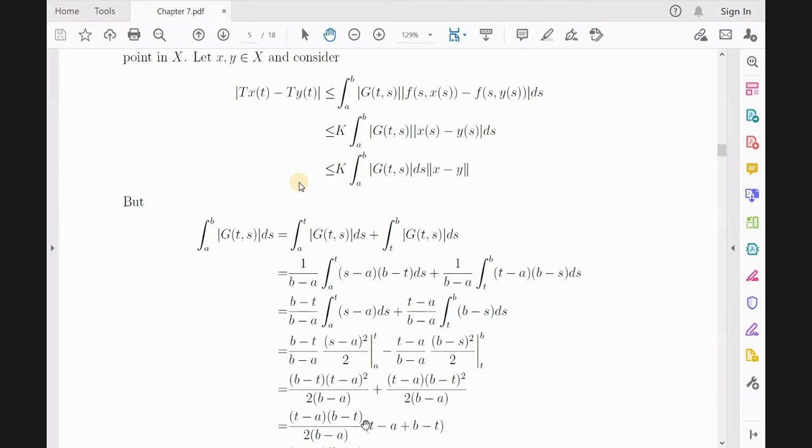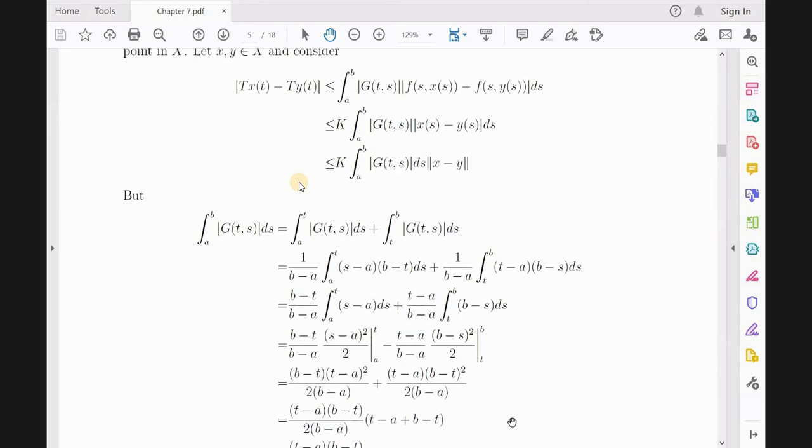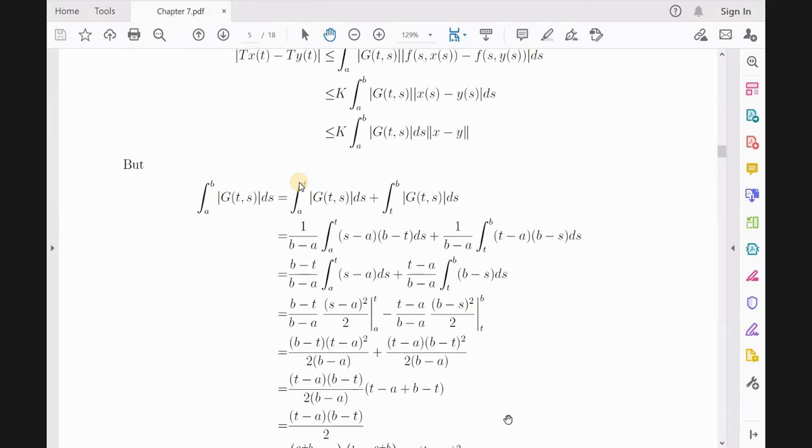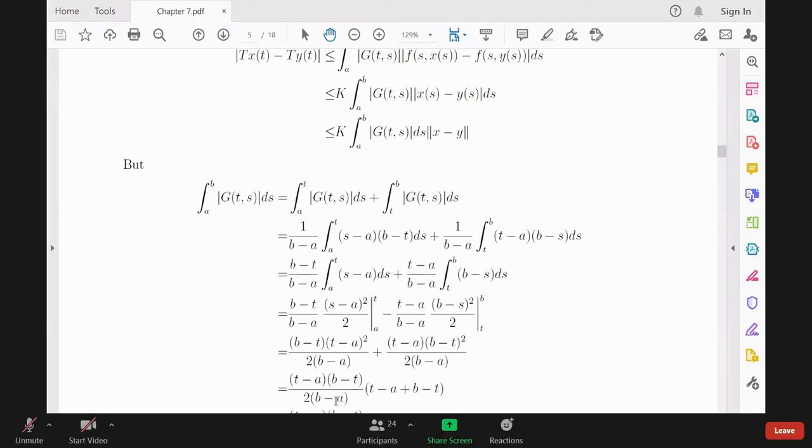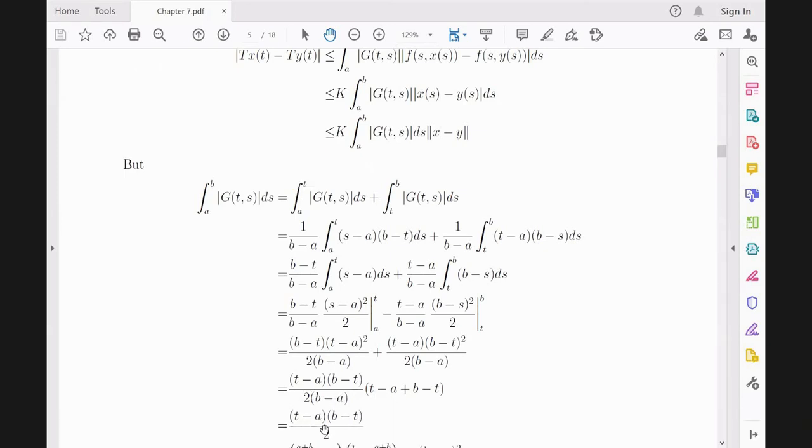Just take (t minus a)(b minus t) over 2(b minus a) common, into (t minus a) plus (b minus t), which is just b minus a, so this cancels, and this is (t minus a)(b minus t) over 2.